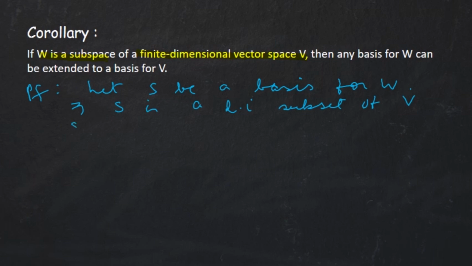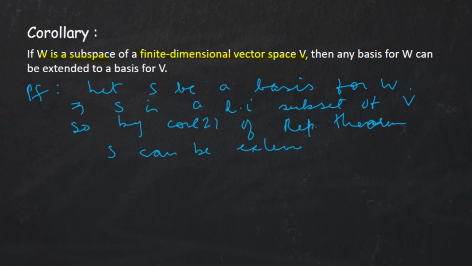So by the second corollary, by corollary 2 of replacement theorem, S can be extended to a basis for V. So we are done with the results on the dimension of subspaces.